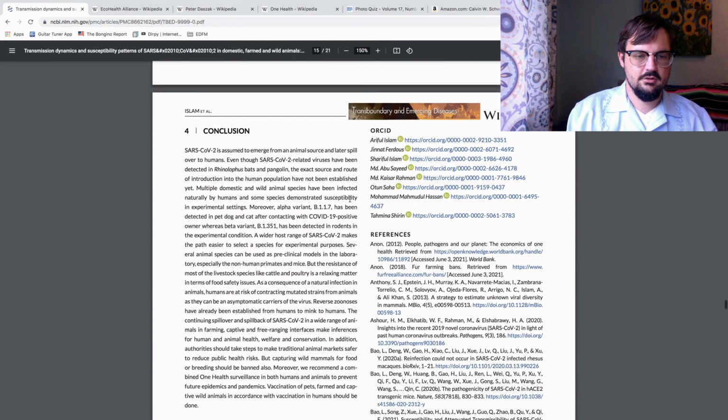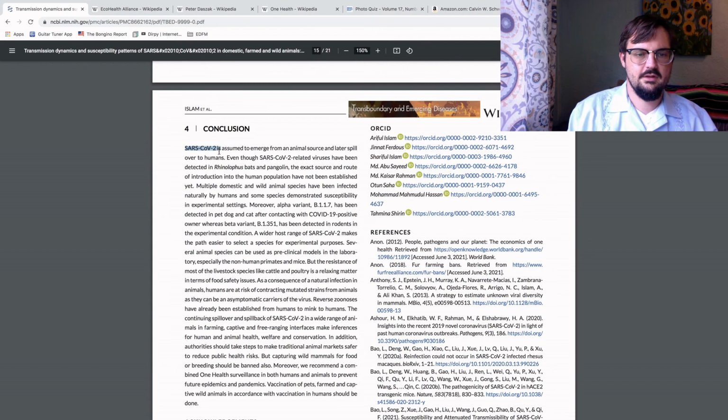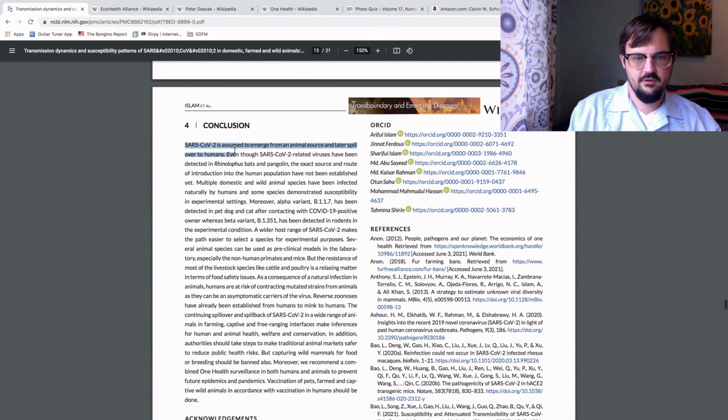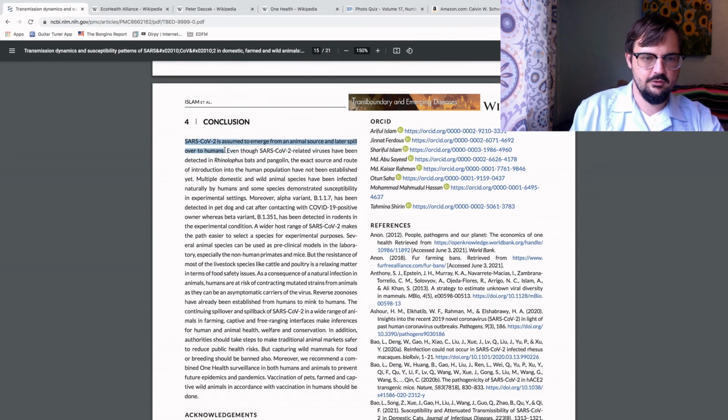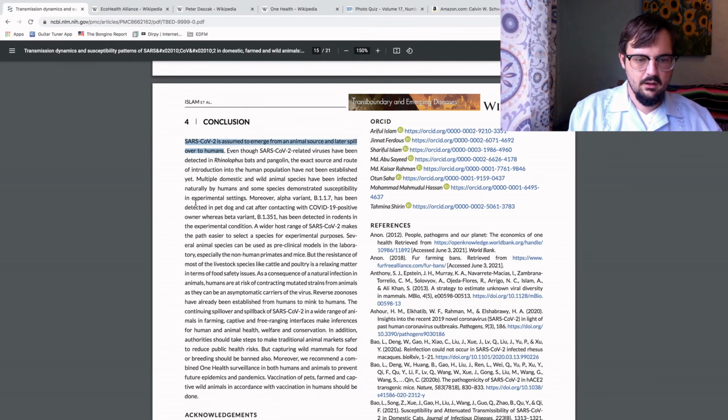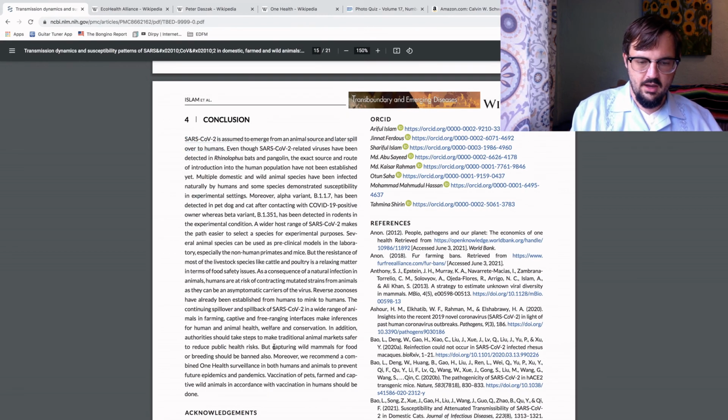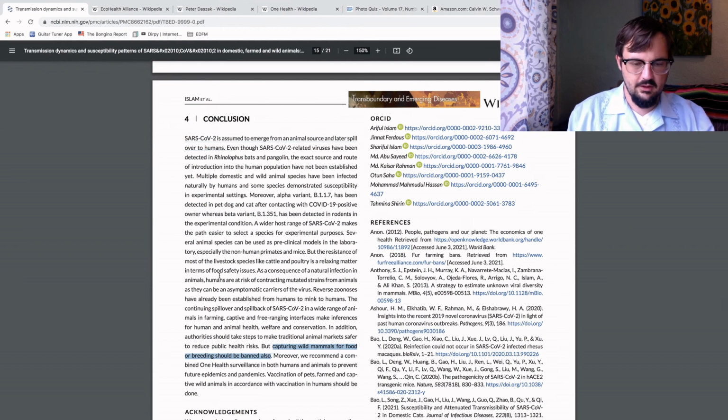Alrighty, so in conclusion, SARS-CoV-2 is assumed to emerge from an animal source and later spill over to humans. This is what they're saying, people. And in conclusion, capturing wild mammals for food or breeding should be banned also. So again, they're coming after the hunters, guys. They're coming after everyone.